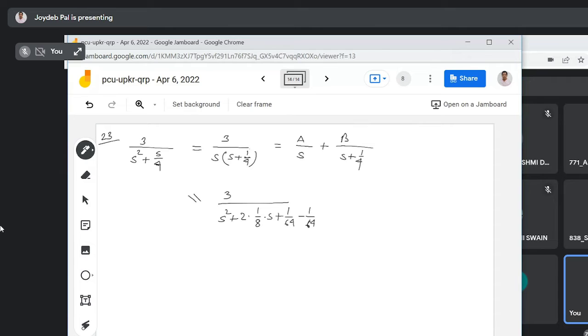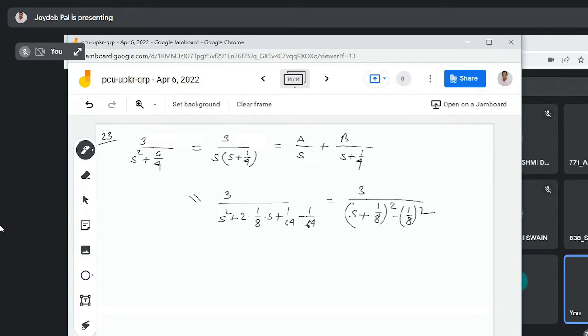I'm representing the denominator in whole square form. So it is 3 divided by (s plus 1 by 8) whole square minus (1 by 8) whole square.